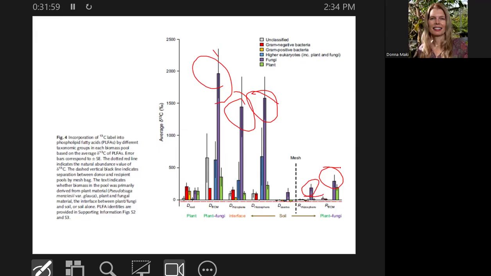This was a really nice study showing that with radio-labeled sugars. They could show the flow from the plant to the mycorrhizal fungi to some of the surrounding microbes, but also through the mesh, where there's no physical contact, and still getting up into the plant.